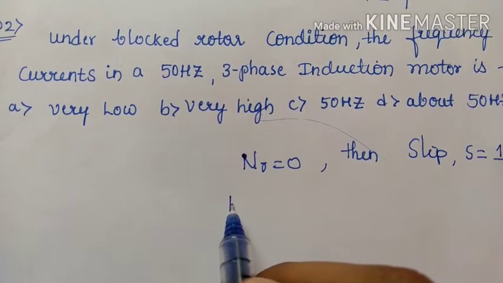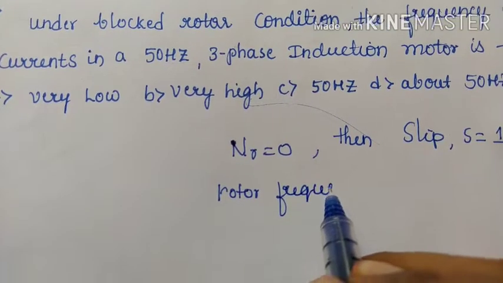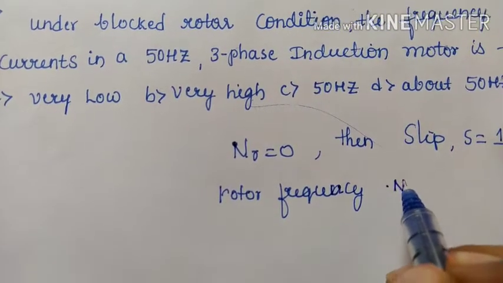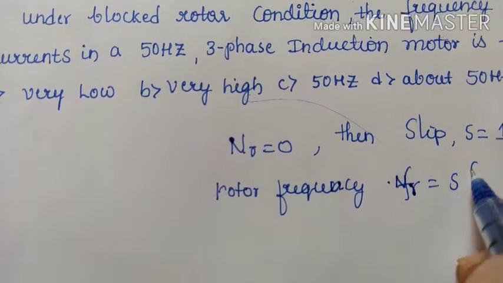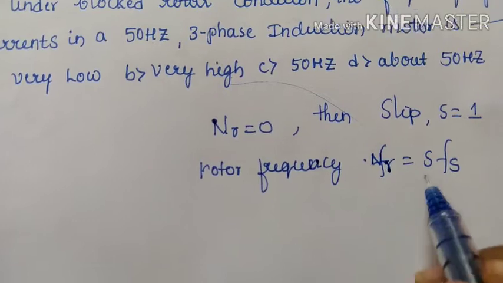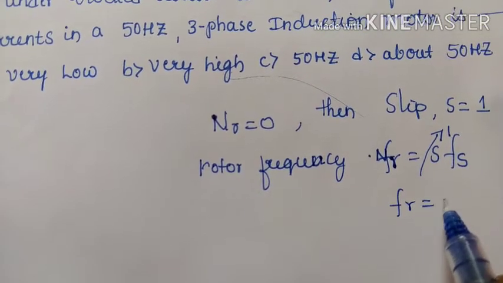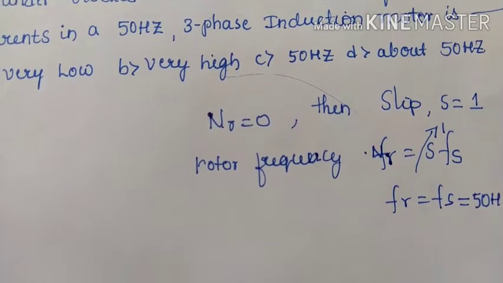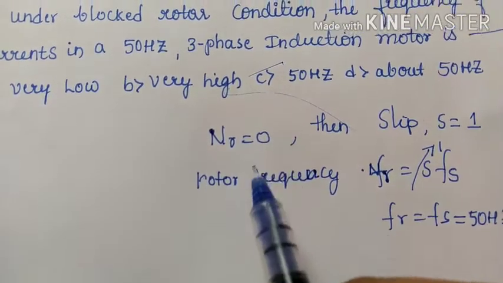For rotor frequency, Fr equals slip times the supply frequency. Here the slip is unity, so Fr equals Fs. So that is 50 Hz only. So option C will be the answer.